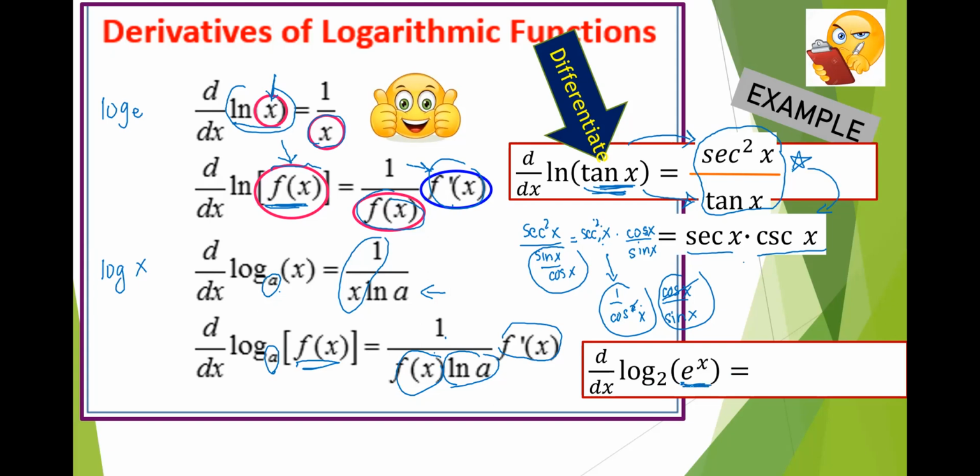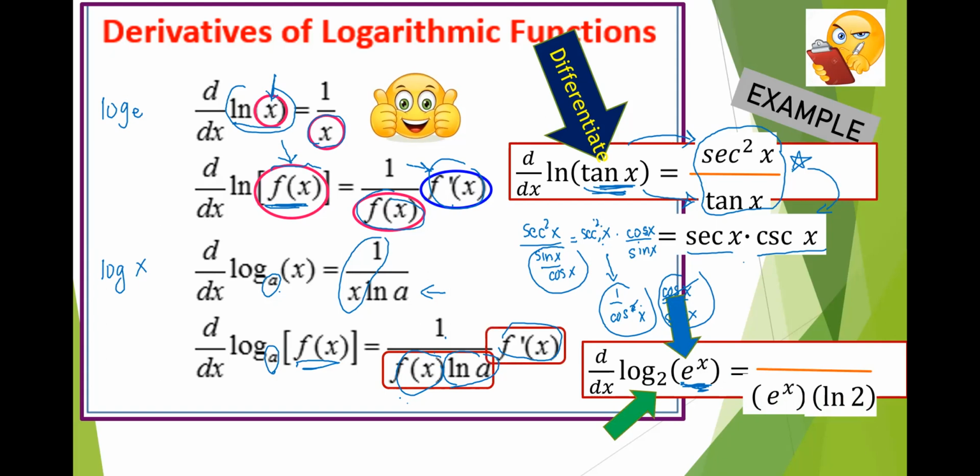Like for example dito, what do we write on the denominator? Ito yung u mo or function of x. We have to place that on the denominator. Remember, your denominator will become e to the x, and then yung base natin is 2. We have ln of 2. Tapos, whatever is the derivative, ano yung derivative ng e to the x? Yun yung lalagay mo sa numerator.